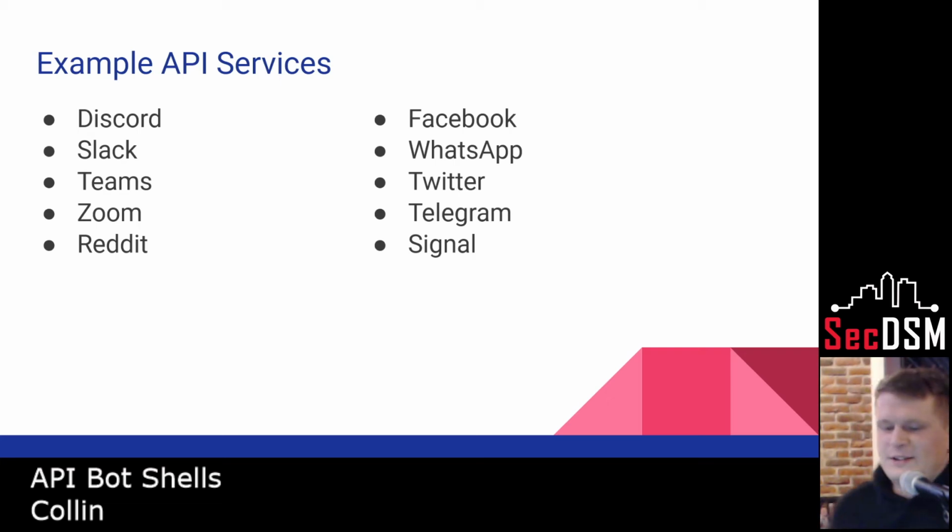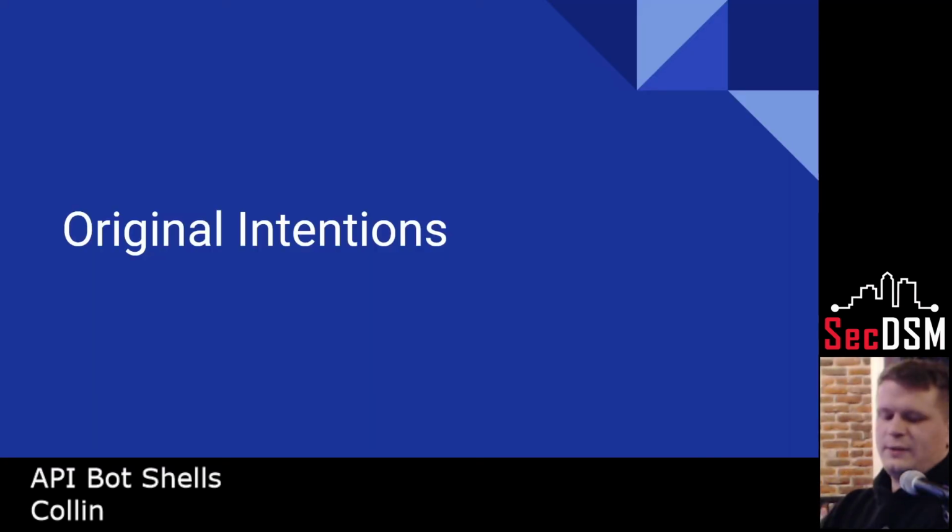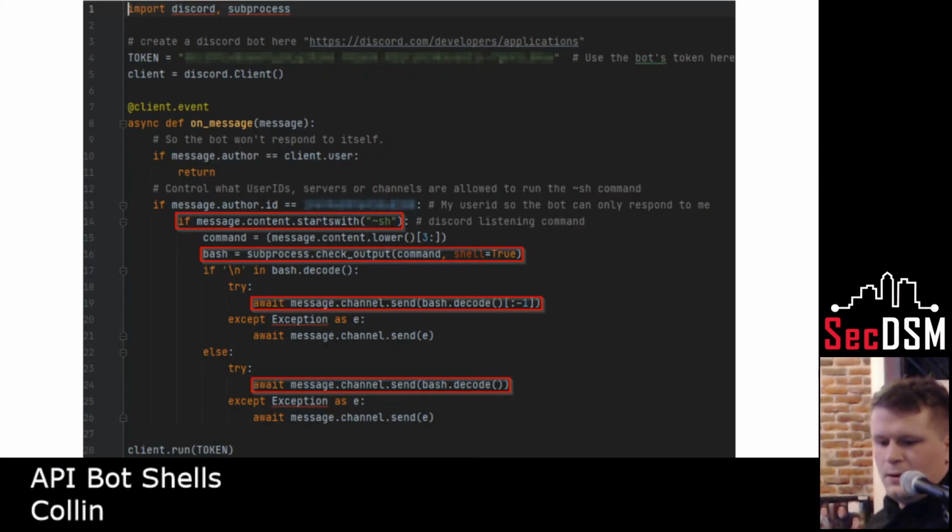So I guess to back up, the API services allow you, in Python or in any language, to pull up a shell. Like I said, those were the original intentions here. I use Python and Discord.